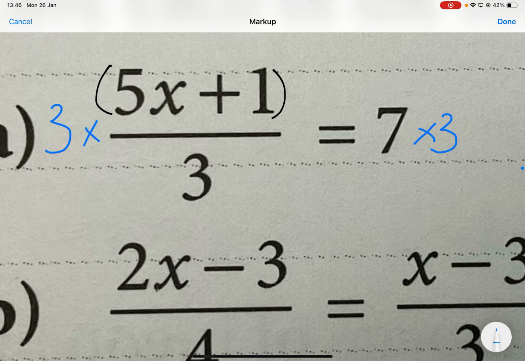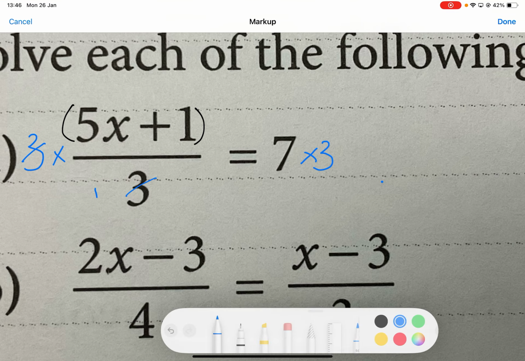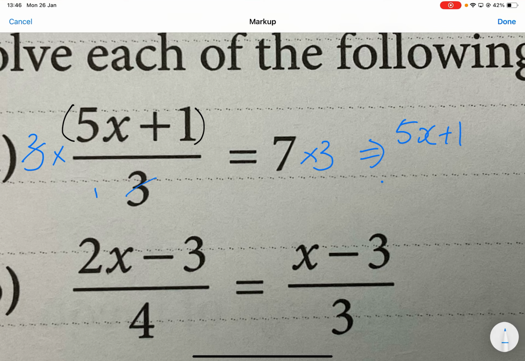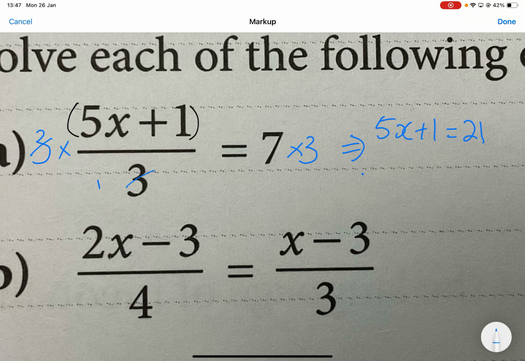Once I multiply, 3 and 3 will cancel, become 1. So my left hand side will be left with 5x plus 1 divided by 1. No longer have a fraction. Then my right hand side, 7 times 3, 21. Okay? In one step, once I multiply the 3, it looks a lot easier to solve already, right?